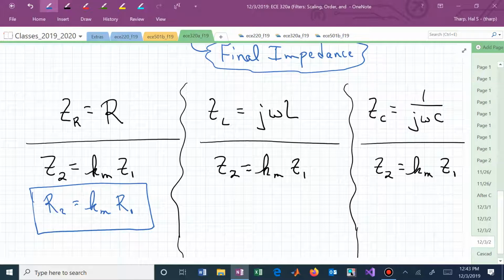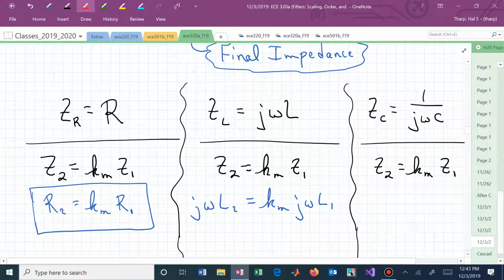The impedance of an inductor is j omega L. We're not changing the frequency in this magnitude scaling. This is now j omega L sub 2. That's Z sub 2. K sub m is simply K sub m. And Z sub 1, that's j omega L sub 1.